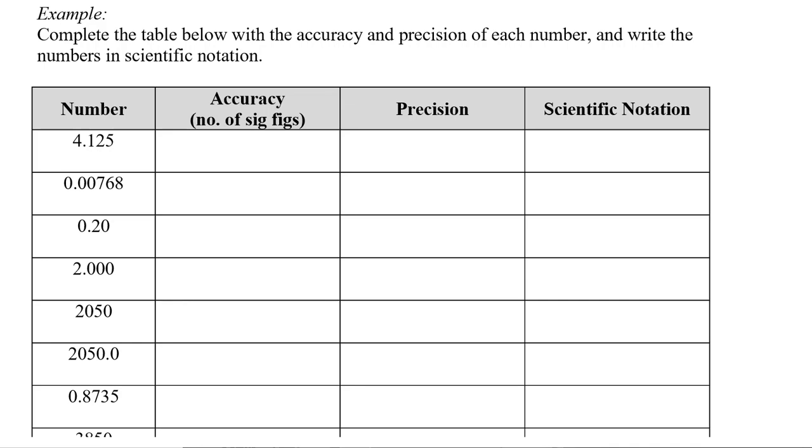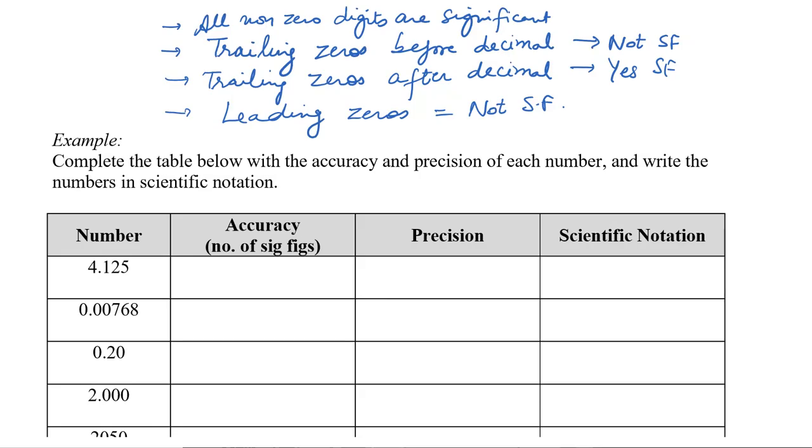First, all non-zero numbers are significant, and we also learned in the lecture that trailing zeros before the decimal are not significant. All the trailing zeros after the decimal are significant, and the leading zeros are not significant.